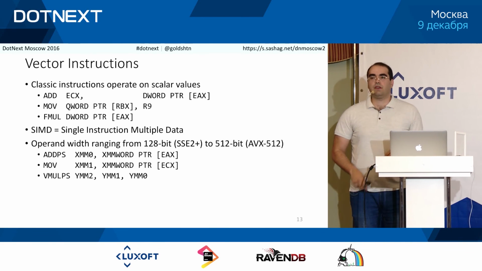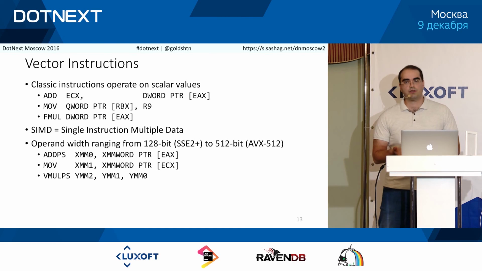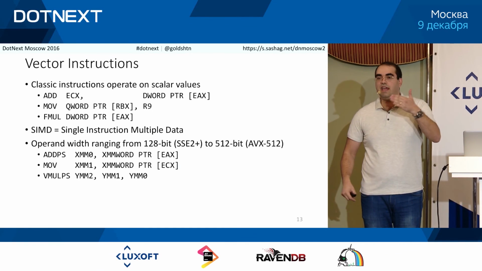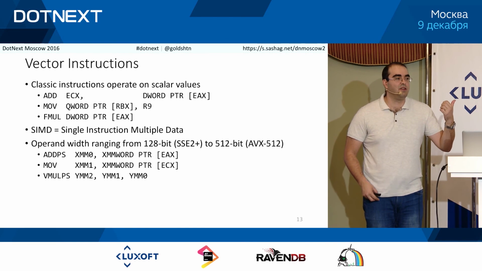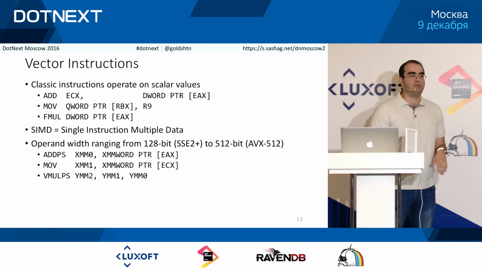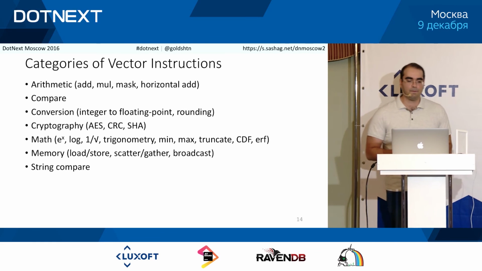So modern processors can do more work in a single instruction. There's always the question of whether it's faster than just doing 8 times or 4 times the old instruction, but there probably is a reason why Intel keeps adding these instructions, right? We'll talk about performance a little later.